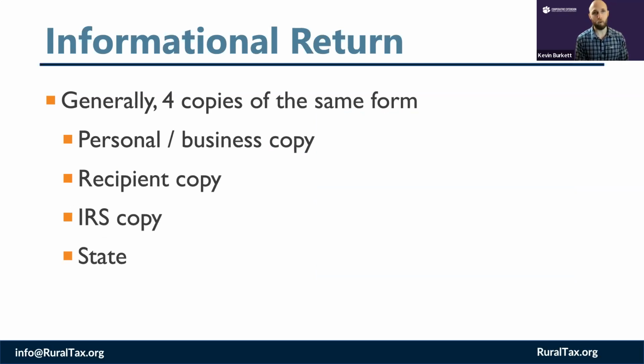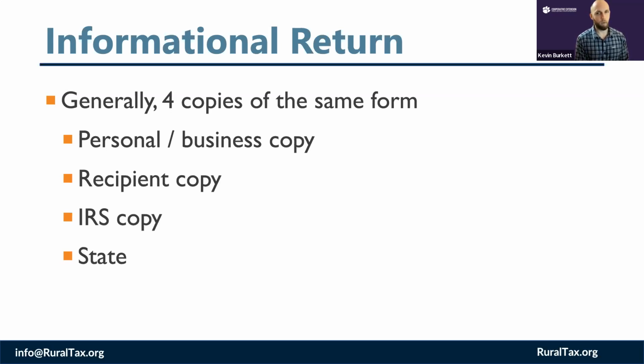Generally, there's going to be 4 copies of that form. So you're going to have your personal or business copy that you keep for your records. The recipient will receive a copy. The IRS gets their copy, and then the state of the recipient. And that's an important point, because it's not the state where you are filing, but the state of the recipient that's receiving the 1099.